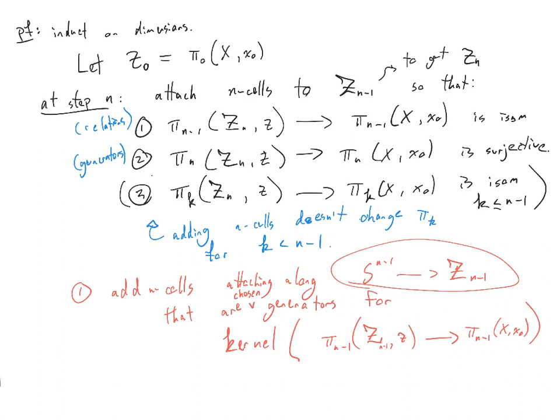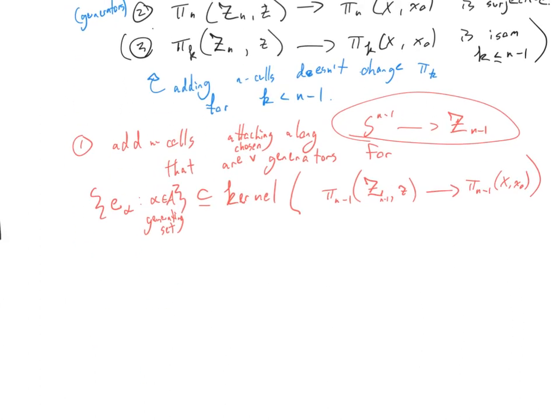So if inside of here you have some generating set, say e_α for α in A, then what you have done is you're picking these attaching maps e_α for these cells.